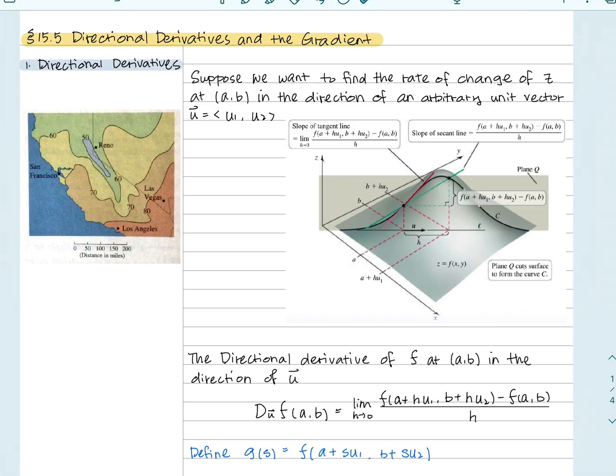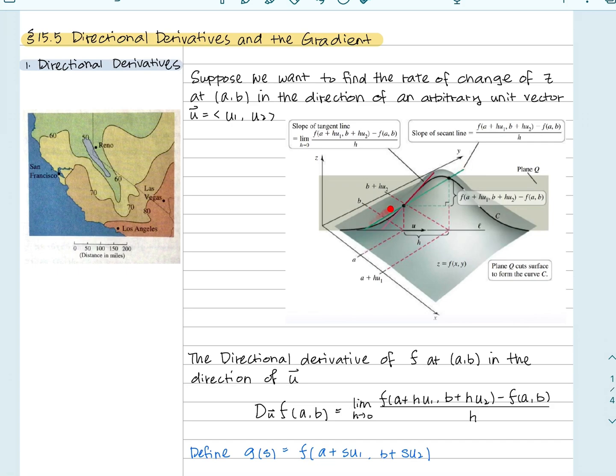So x is increased from a to a plus h u1, and then y is increased from b to b plus h u2. So here is the new point, and then you can get a corresponding z. That's another point on the surface.